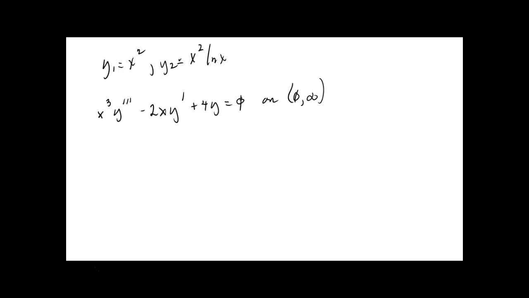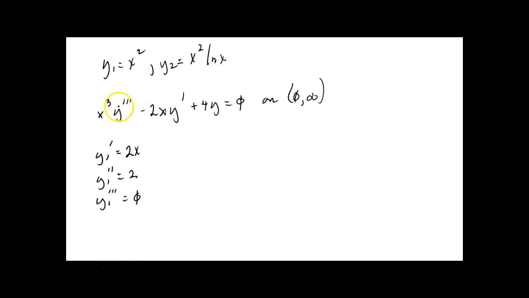Let's verify that. Shouldn't take too long, should it? If y1 equals x squared is a solution, what would we do to verify it? Take derivatives. y1 prime would be 2x, y1 double prime would equal 2, and y1 triple prime would be 0. Now, let's plug this back in.